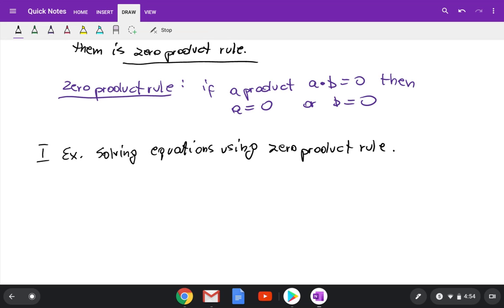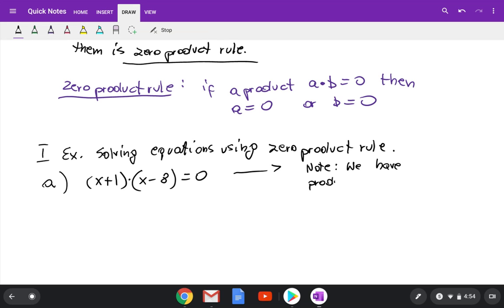Okay, the first one will be x plus 1 times x minus 8 equals 0. So this is perfect, what we have here. Note that we have a product of two factors.